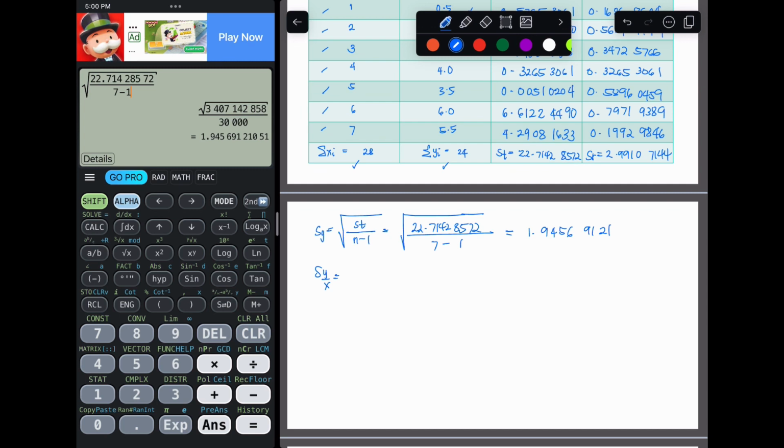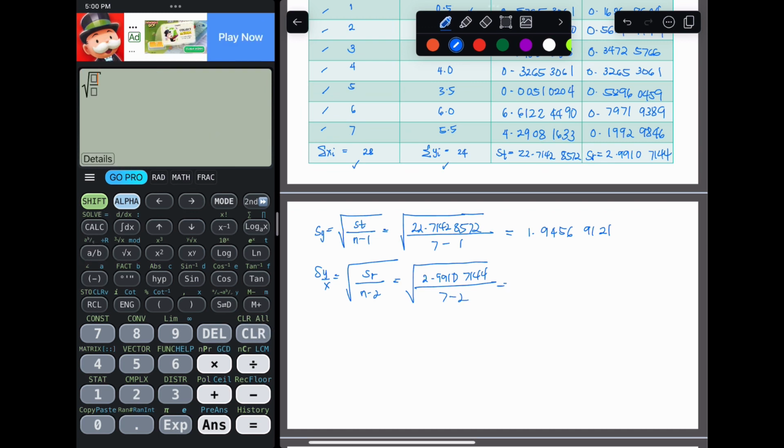Then we have the standard error of the estimate, so SR over n minus 2. 2.99107144 over 7 minus 2.